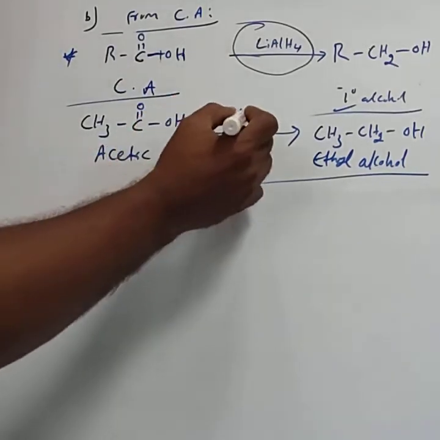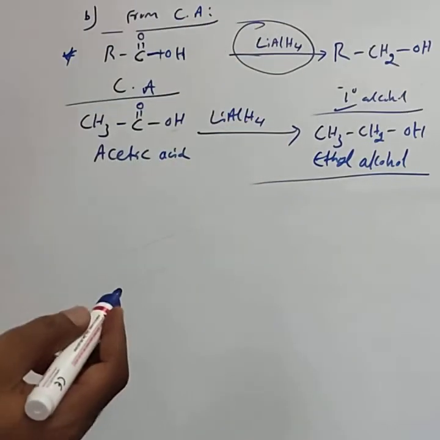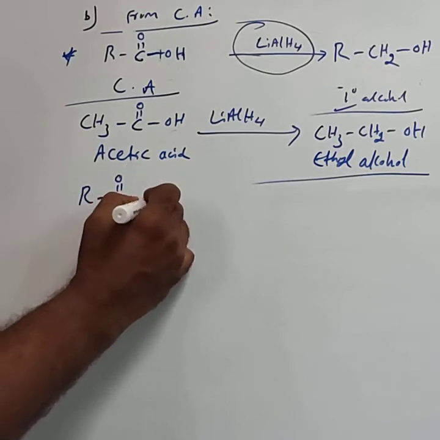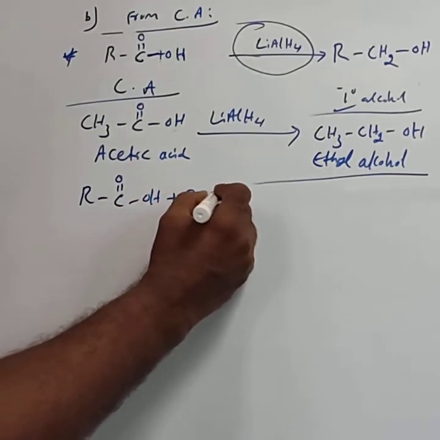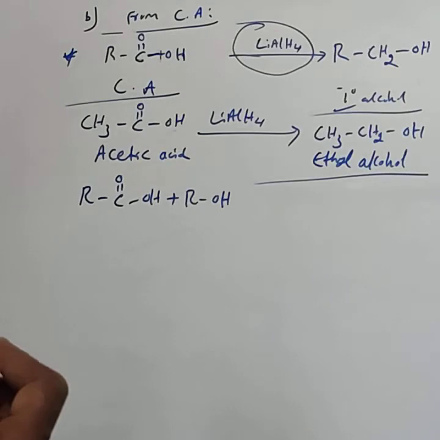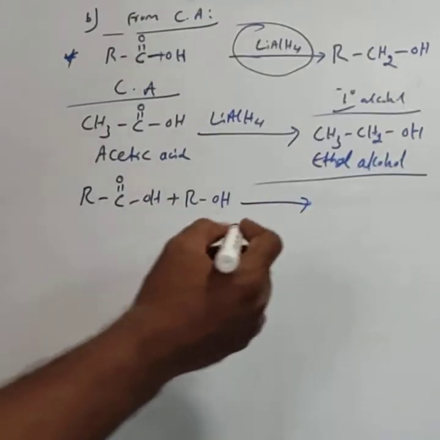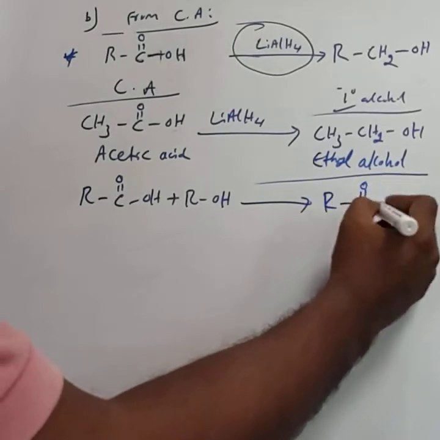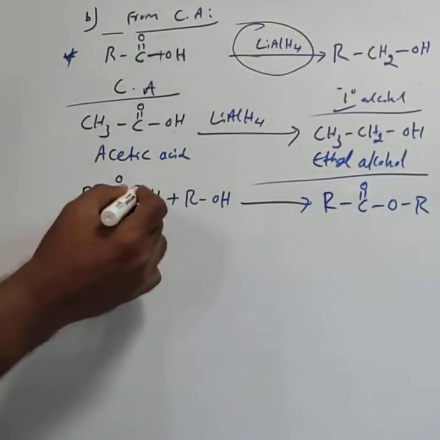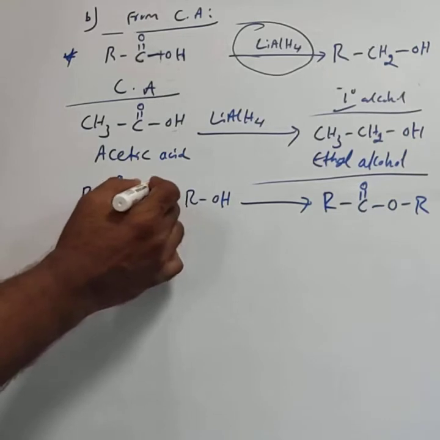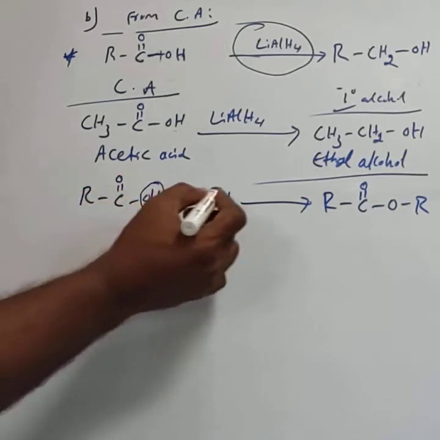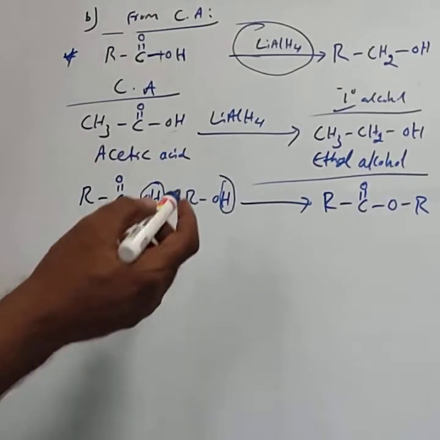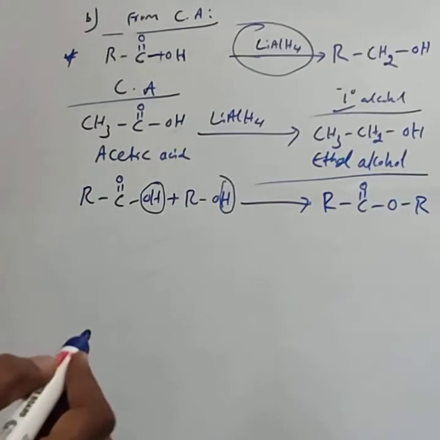Hence, to avoid the use of LiAlH4, the carboxylic acid, RCOOH, is first treated with alcohol, ROH, and converted into ester, RCOOR. Here OH from the carboxylic group and H from the alcohol are removed as water.